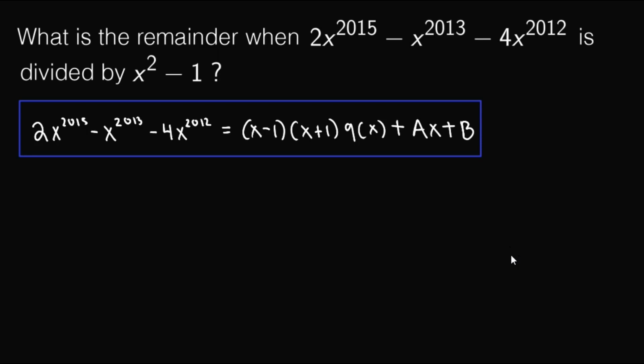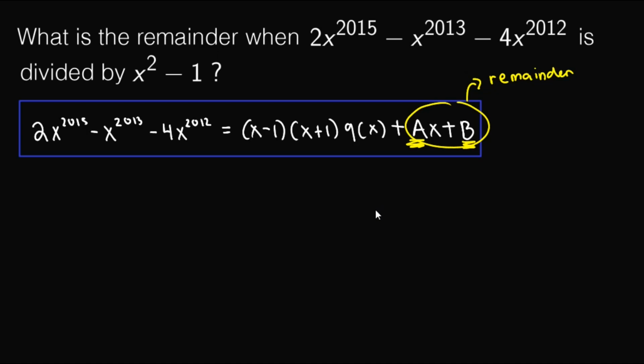Okay, so good. This is what we have so far. Again, our goal is to find this, since it represents the remainder. More specifically, we need to find a and b so that we can determine the remainder. How do we do this given this equation? Since we don't know q(x), we need to eliminate it from our equation.